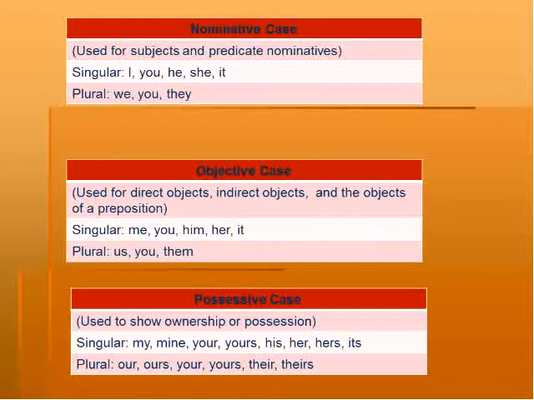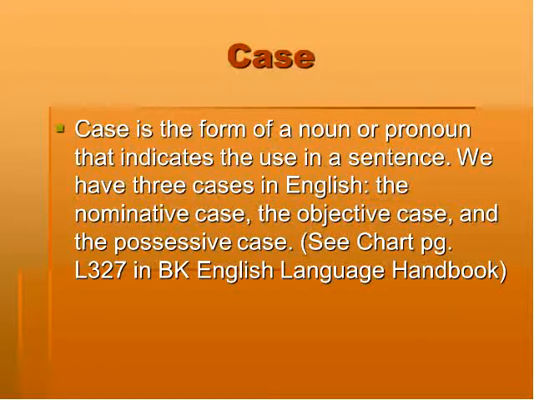So you have the nominative case, and that one you're going to use with subject and predicate nominatives. You don't have to write this information down. You already have your handout. And those of you who are listening live through Illuminate, you can get that off of the BK Language Handbook, L327.